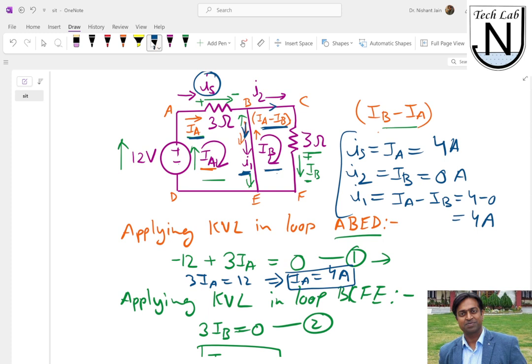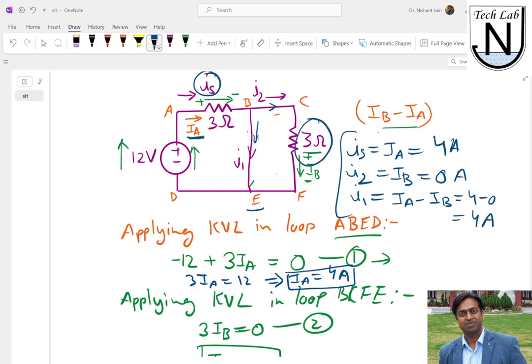If you look at this particular circuit, let me clean it up a little bit. It is this, and the current is I1, right? Now if you look at this circuit, you can see this BE branch is short circuiting this resistance, right?